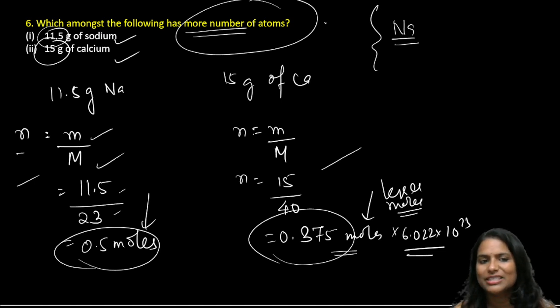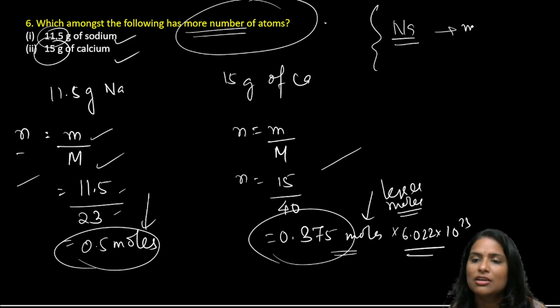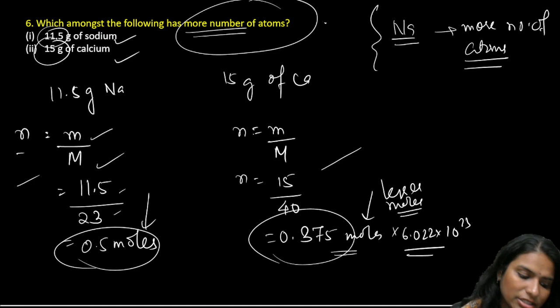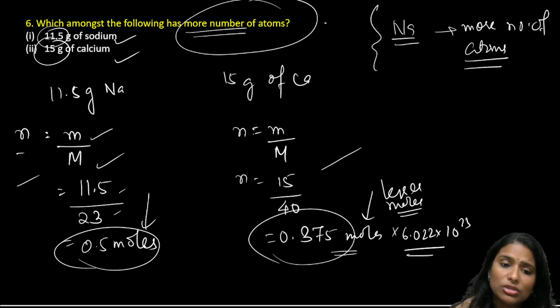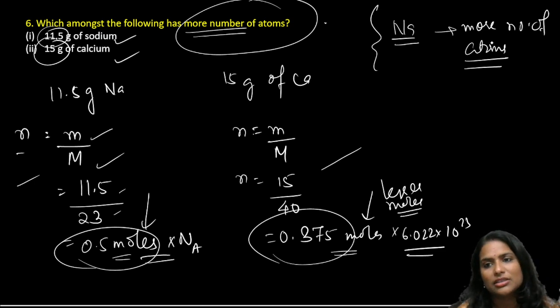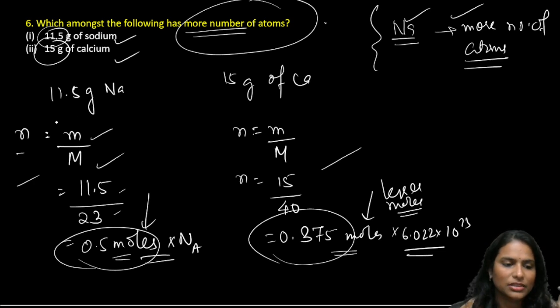Sodium will have more number of atoms because it has more moles. So when you multiply the moles with the Avogadro number, you will get a greater value, right? So the answer is sodium will contain more number of atoms among both the things, right?